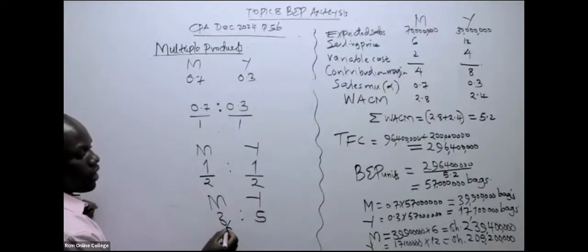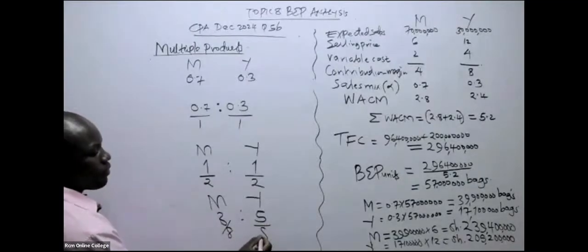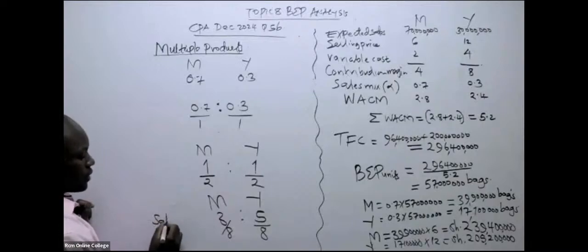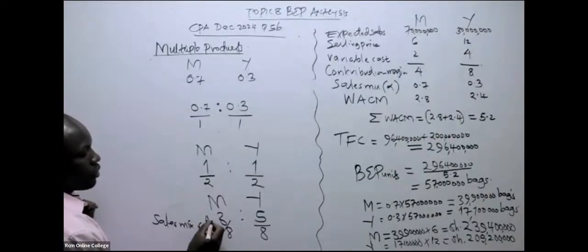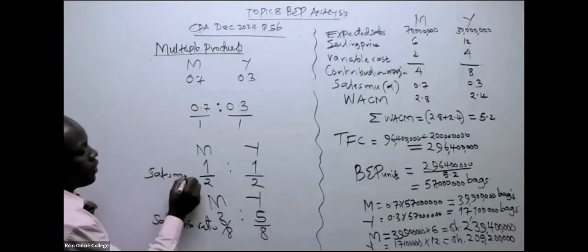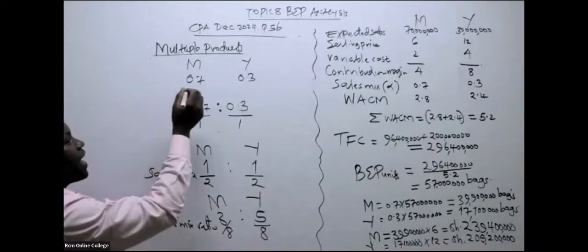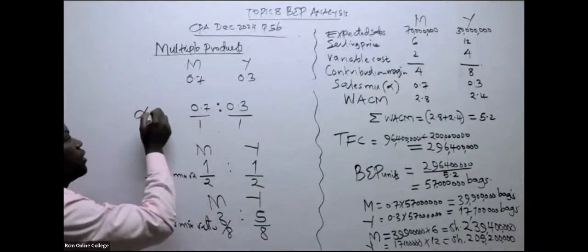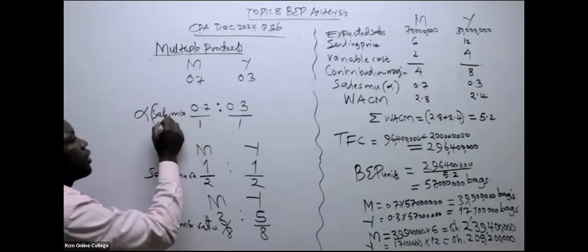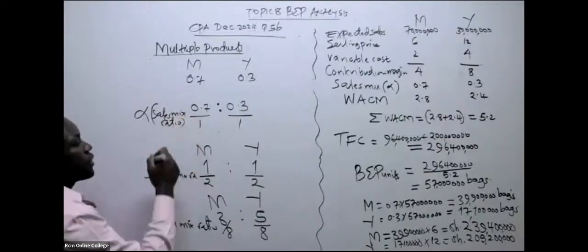So it is 3/8, 5/8. What are we talking about here? This is now the sales mix ratio. This will be the alpha, right? Alpha, or sales mix ratio.